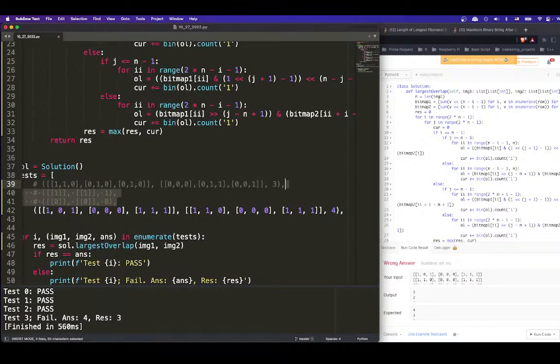Okay, let's see. What do we have? So image 1 is 101, 000, 111. Image 2 is 110, 000, 111. So the maximum overlap is, yeah, we shall encounter this, but why we did not?